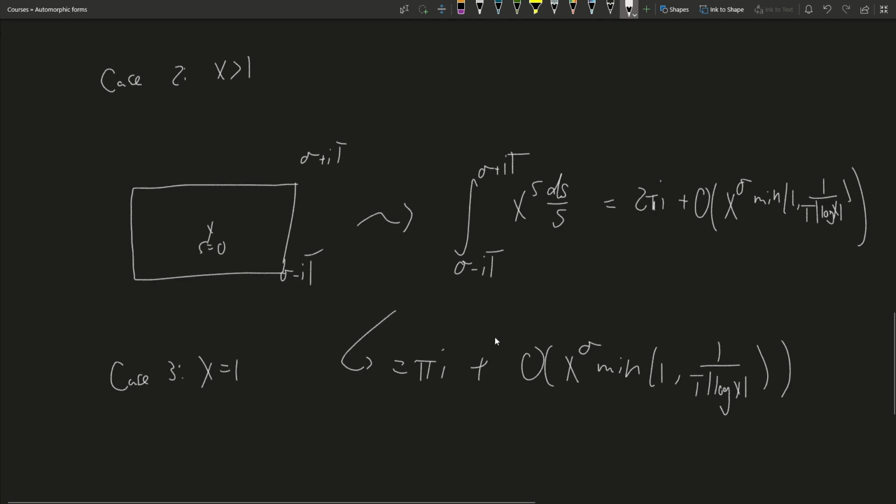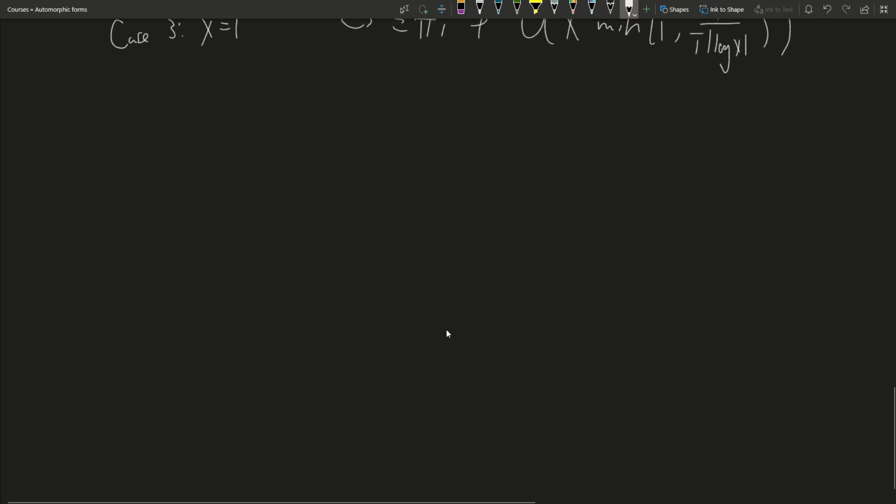Okay, so we have this building block, and now why do we care? Well, we care because if we have some Dirichlet series, the sum n equals 1 to infinity of a_n over n to the s, and I'm going to assume that a_n is O of n to the omega for some real number omega. Then we're going to want to take the inverse Mellin transform of Dirichlet series a lot.